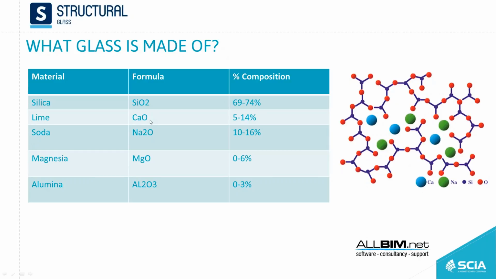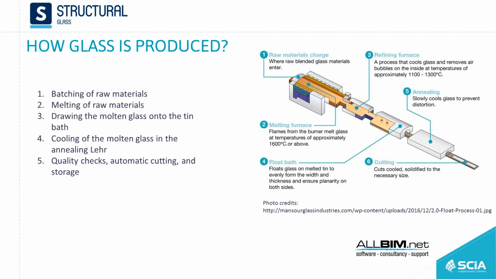The structure is irregular, it doesn't even have a fixed melting point. This is actually why it's so transparent, because the molecules are far away and it allows light to pass through. And in some situations, if we get a very good positioning of the molecules, we get strong glass. If they are randomly positioned and they have big distances in between the molecules, they will have a lower capacity.